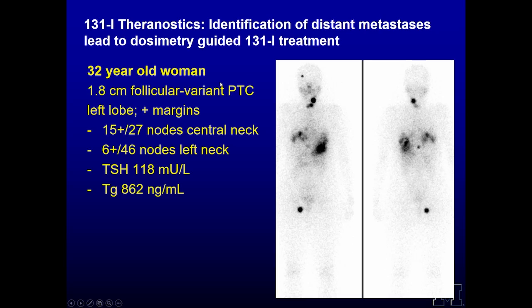And also we have residual thyroid cancer in the neck as demonstrated by the presence of this very intense focal activity in the left lateral neck in addition to thyroid remnant tissue. But very striking, we have evidence of metastatic disease involving the skeleton, as demonstrated by this metastasis in the calvarium and in the right pelvis here.